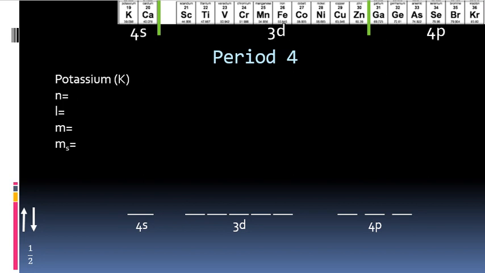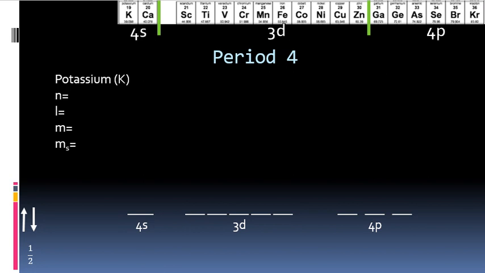The actual orbitals that we have to fill for a period 4 element are going to be the 4s orbital, again the 4p orbitals if we get far enough. However, in the center is going to be the 3d orbitals, the 3 being the principal quantum number. For a d block element, n would equal the period number minus 1, so 4 minus 1 equals 3.